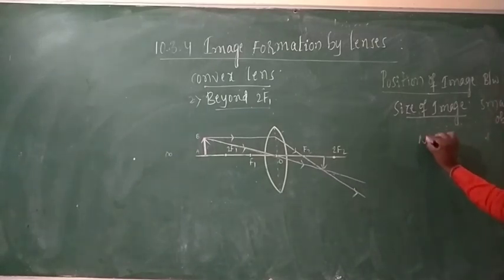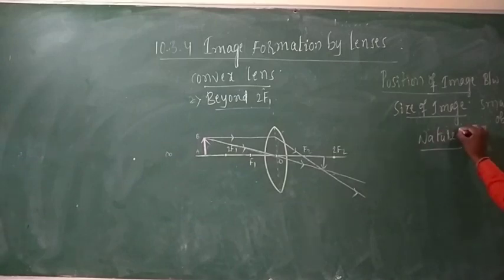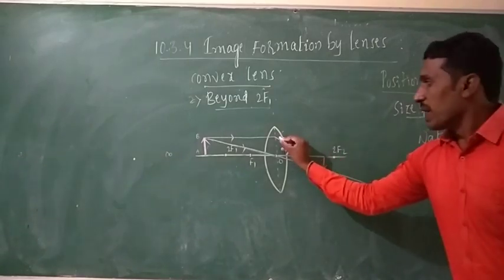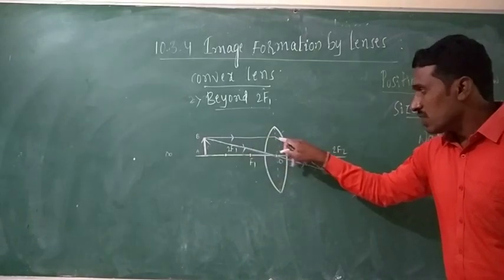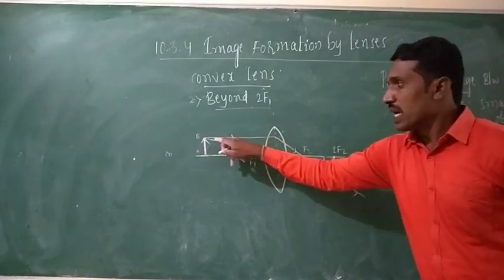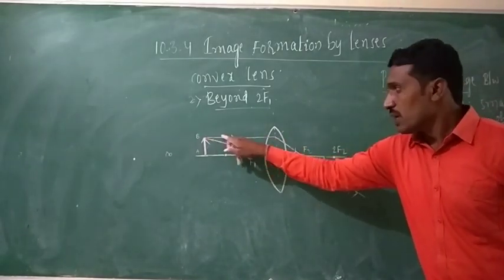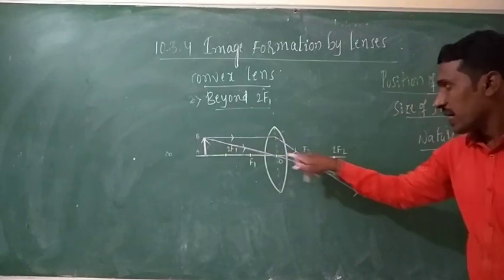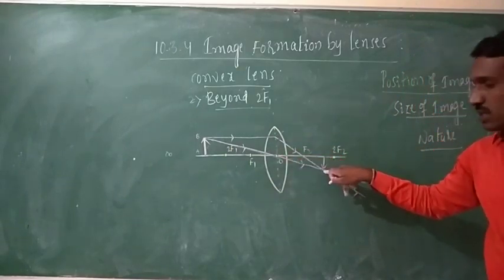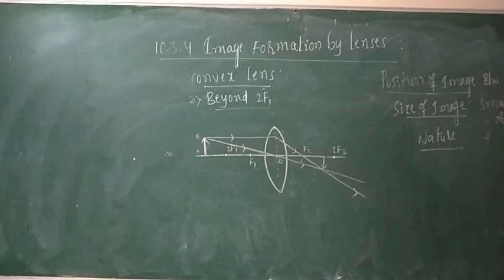While finding nature, I said you people, real refracted rays means this is the refracted ray coming directly from the object. If real refracted rays meet, they form the real image. Or you can even use one more convention, for our reference.